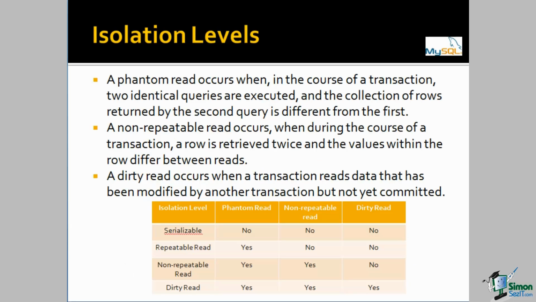So these are the conditions that isolation helps prevent: phantom reads, non-repeatable reads, and dirty reads. And the chart defines how each isolation level responds to or provides protection from each of these 3 data issues that can occur when inappropriate isolation levels are used.